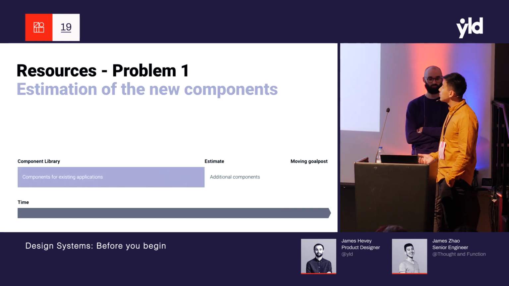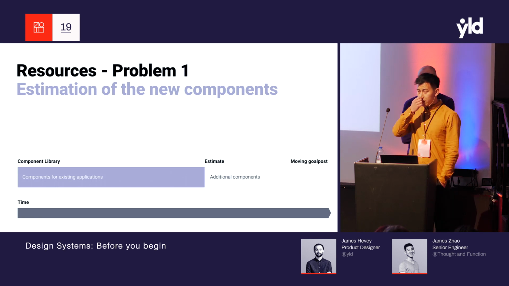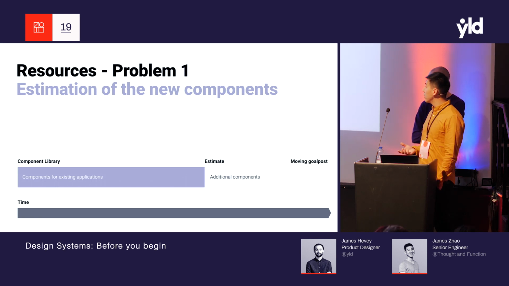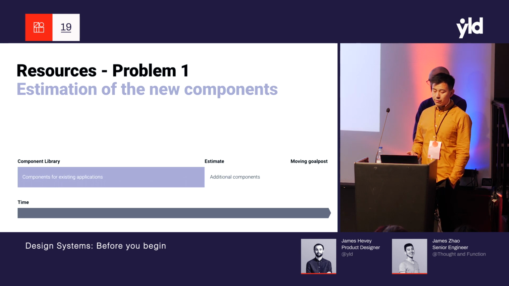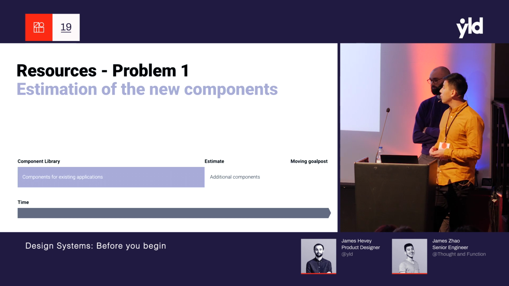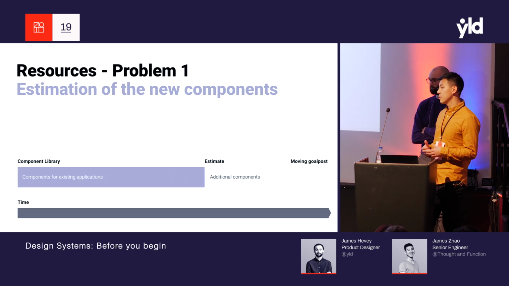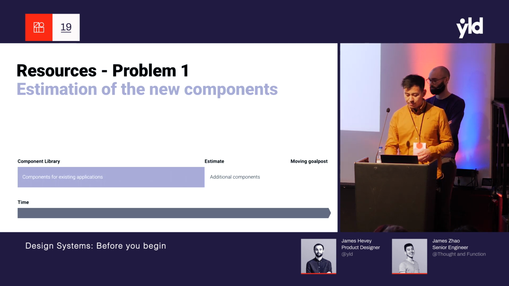So starting with resources, I just want to talk about some of the challenges that we faced. So the first challenge was estimating the initial delivery for the component library, because if you have an active roadmap, you've got new designs being created, and therefore new components are constantly being added into your design system, which meant that your initial goalpost is constantly moving forwards and away from you.